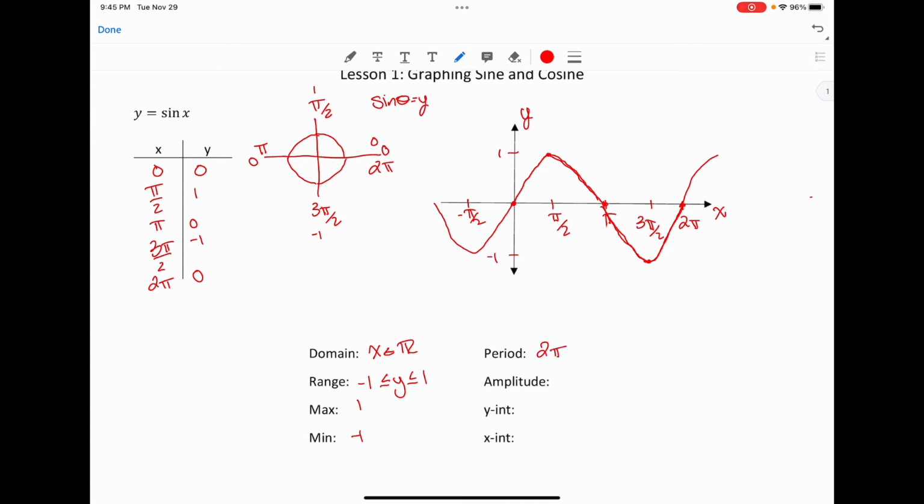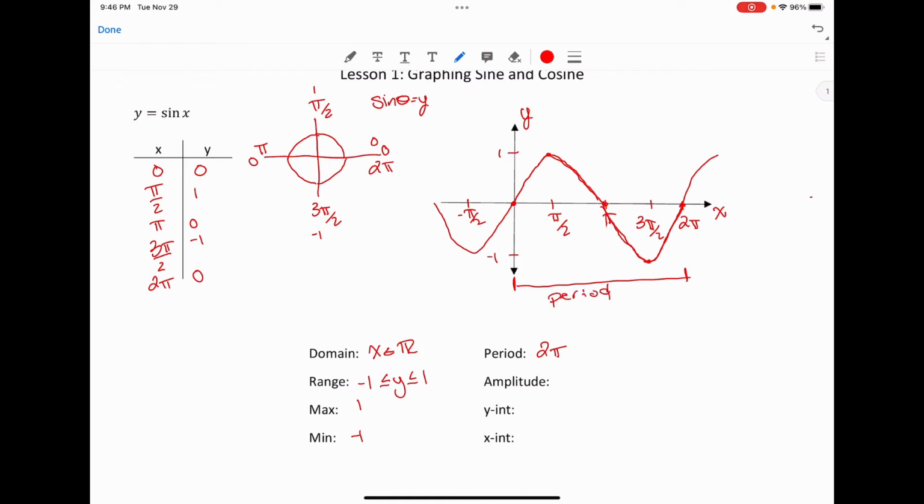Period is 2 pi. So the period is the length of one wave. From here you can see we go up and then down and then back to the x-axis. So this would be the period, and it is 2 pi.